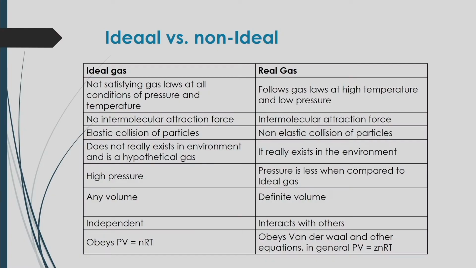Ideal gases satisfy the laws of ideal gas at all conditions of pressure and temperature, whereas real gas will follow the gas laws at high temperature and low pressure. There are certain equations you can use to interpret real gas behavior.